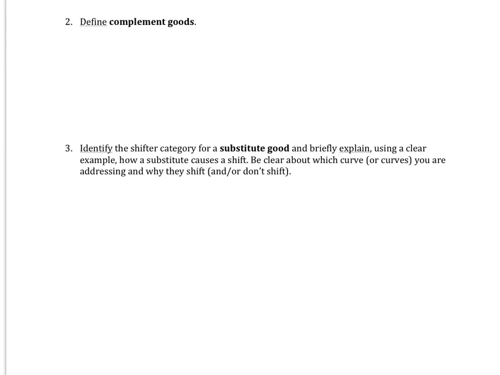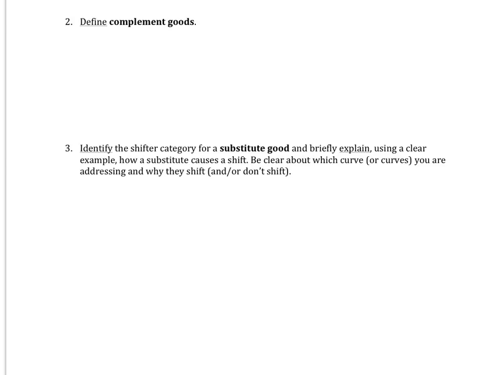Third problem, I'm asking you to identify the shifter category for a substitute good. And this is a briefly explained problem. So what's happening here is you should be starting off by defining a substitute good and then working through how the price change in one good impacts the quantity demanded for the other good, and then connect that to a shift in either supply or demand of the first good or the second good, and then explaining the direction of that shift.